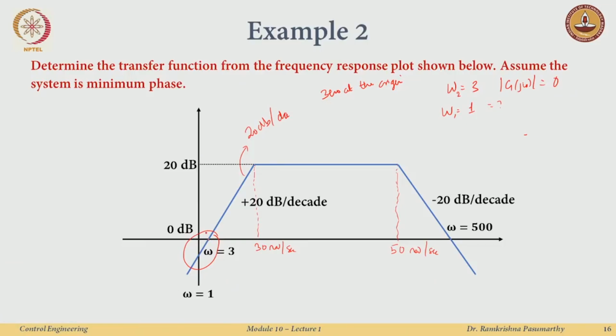So what is on the y axis? I have 0, and let me call the magnitude here some number y. y2 minus y1 by x2 minus x1 is the slope, right? That is what we learned in coordinate geometry. So on this axis, log of 3 minus log of 1 is 20.